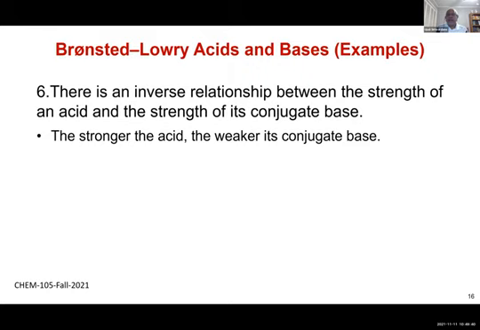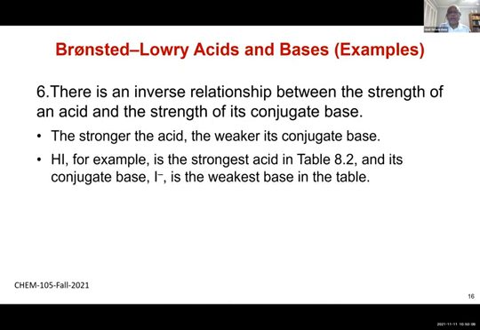There's an inverse relation between the strength of an acid and the strength of its conjugate base. That's what I was trying to explain with that table. The stronger the acid, the weaker its conjugate base. HCl is a strong acid, therefore chloride is a weak conjugate base.